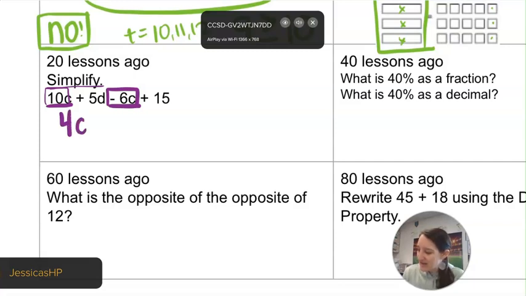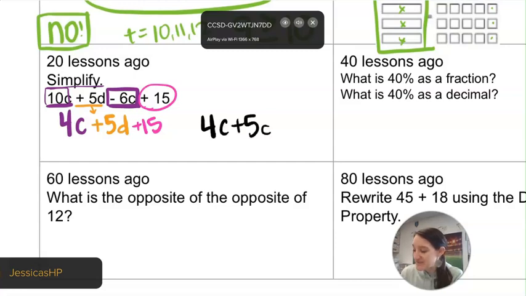And then I have 5D, and no other D's, so I'll just bring that term straight down, plus 5D, and then I just have a plus 15, a constant. That's right there by itself. So simplified, I can get it down to 3 terms instead of 4 terms, but I can't really do anything besides that because C and D and the constant can't combine at all. They are different terms, unlike terms.